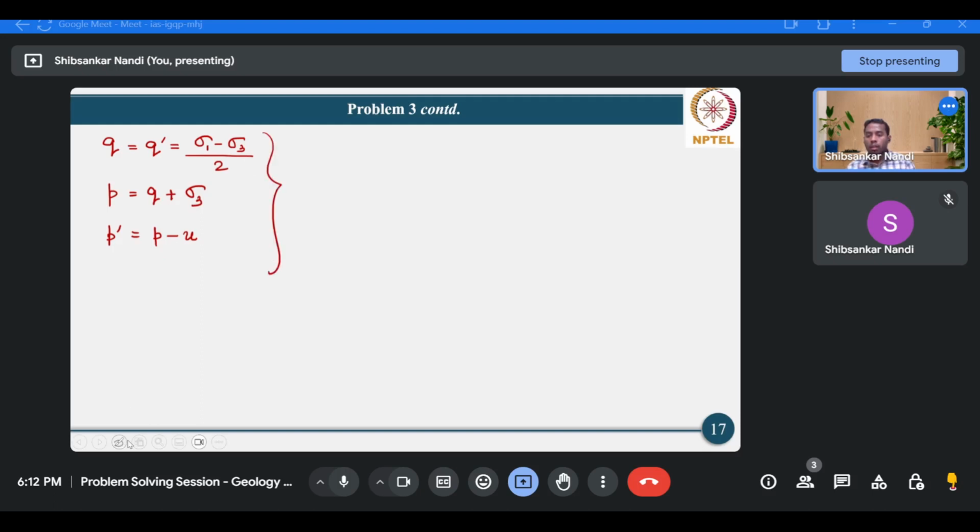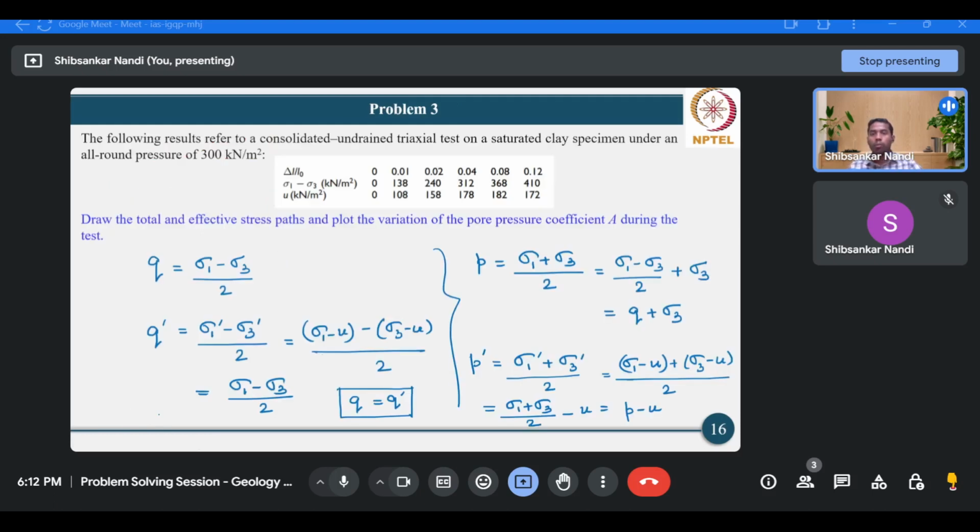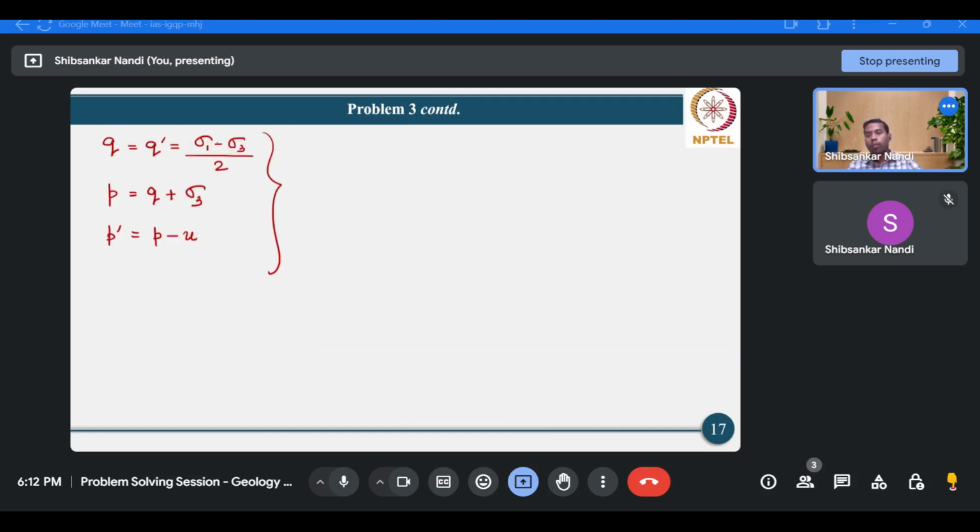Now why have we derived these expressions? Because if you observe the given data carefully, the deviatoric stress sigma 1 minus sigma 3 is given and the pore water pressure. In addition, delta L by L0, that is the axial strain, is given. So first we calculate Q and Q prime by dividing the deviatoric stress by 2.